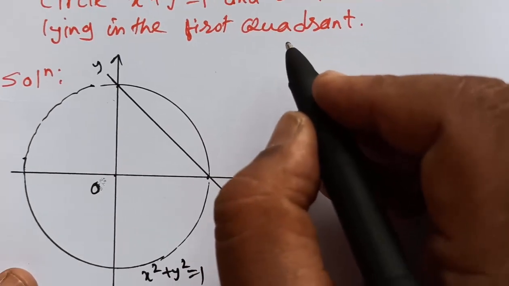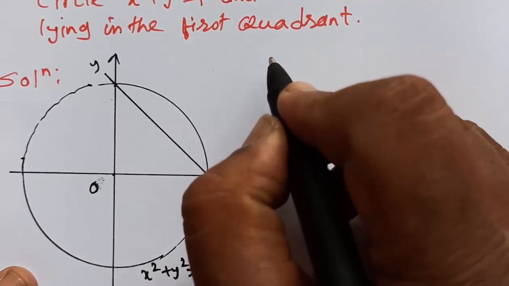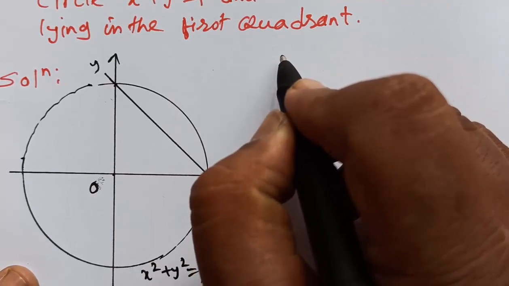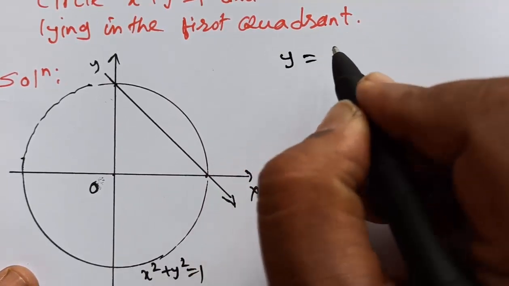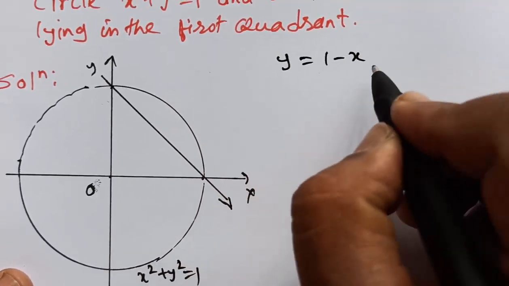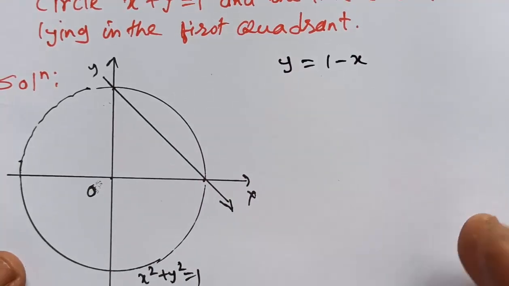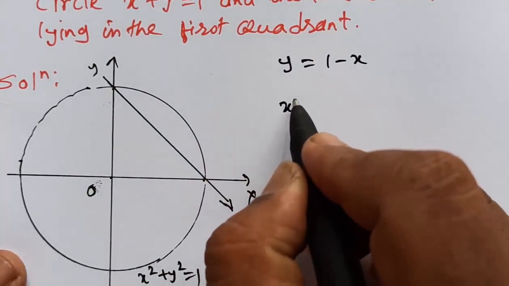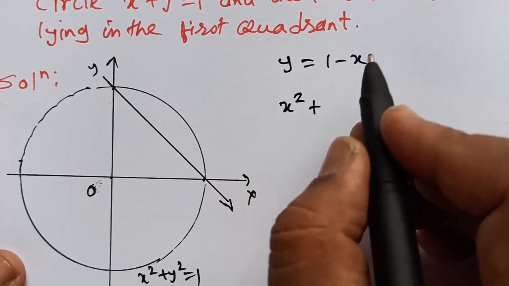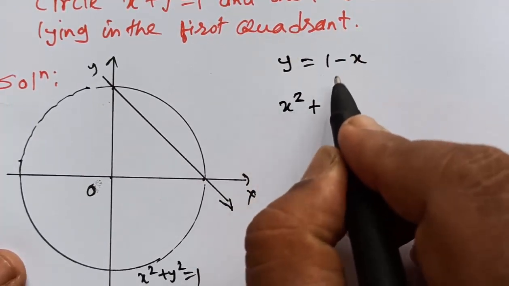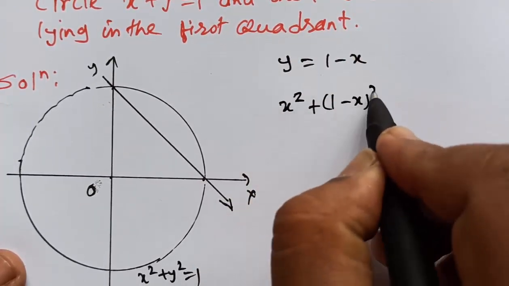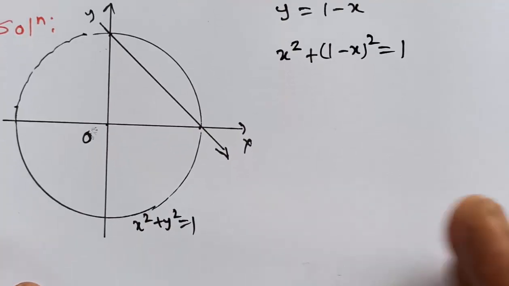From the equation of the line, we put y is equal to 1 minus x in the equation of the circle. x square plus y square, y is 1 minus x bracket square, is equal to 1.